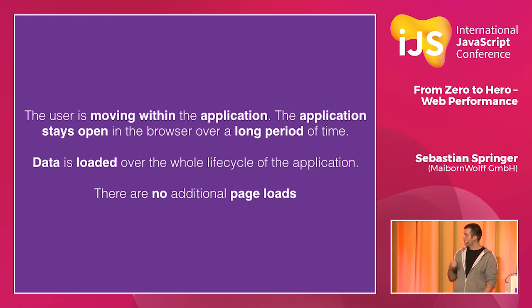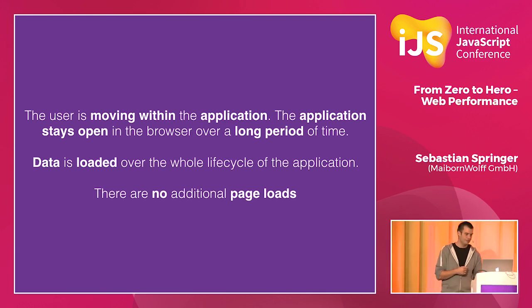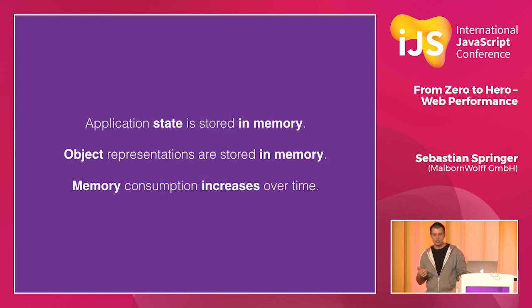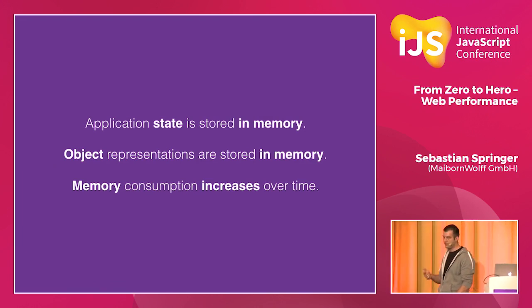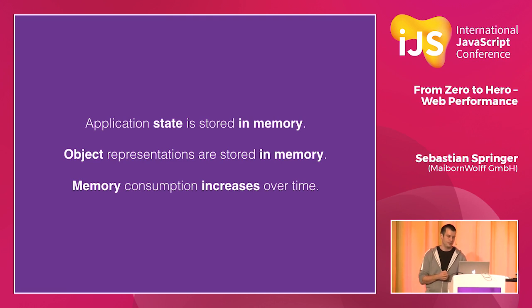That means that there are no page loads, so no Ctrl+R or F5 or something, and there is no side-effect-full change of the URL line, and the state of your application is stored in the memory. If you hit F5, then the page is refreshed and the state of your application is gone, which is not a good idea in a single-page web application.